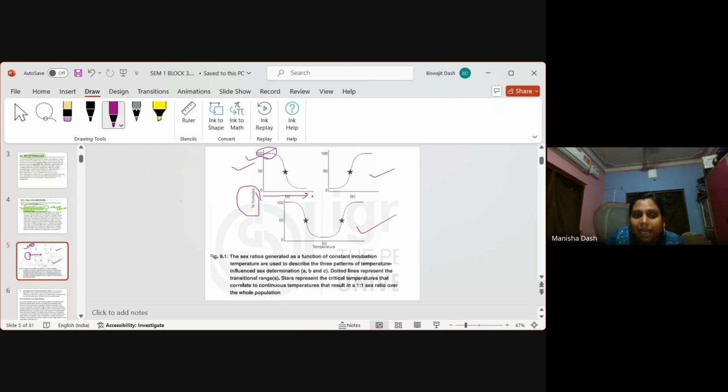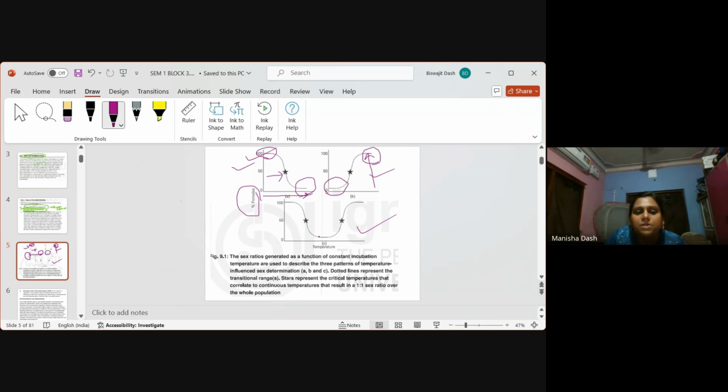That means at high temperature, the fertilized eggs will develop into males. And this indicates a transitional state where there will be a 1:1 sex ratio. That means at this particular mid temperature, 50% of the eggs will develop as female and 50% will develop as males. Now here in the second graph, it is quite opposite. If the temperature is high, the fertilized eggs will develop into females, and at low temperature, the fertilized eggs will develop into males.